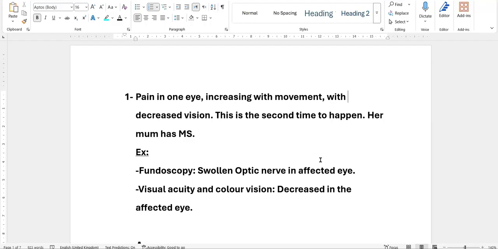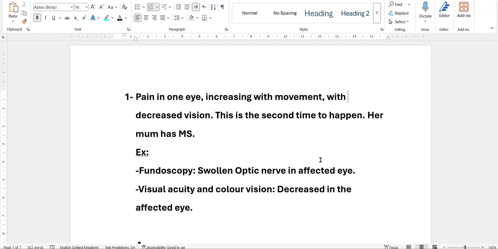Start. Okay, thank you for letting me examine you, Mrs. X. Based on the results of my examination, and that you mentioned that your mother has multiple sclerosis, this could be a condition called optic neuritis. Do you know what that means? No, doctor, what is the meaning of optic neuritis?